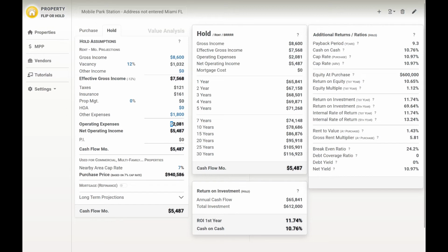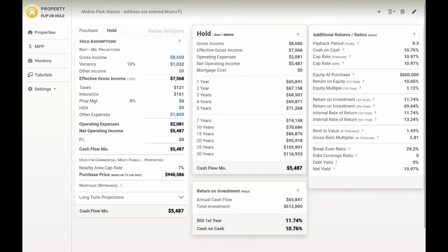We have operating expenses of $2,081, which is also listed here. Net operating income, $5,487, which is also listed here in our summary. So our cash flow, since we don't have any principal and interest or mortgage, is the same as our net operating income of $5,487.